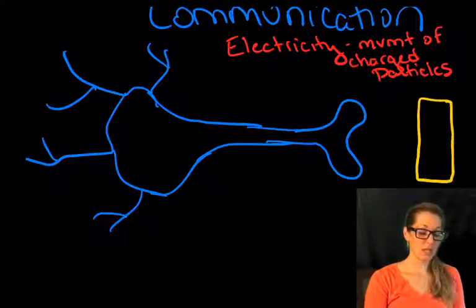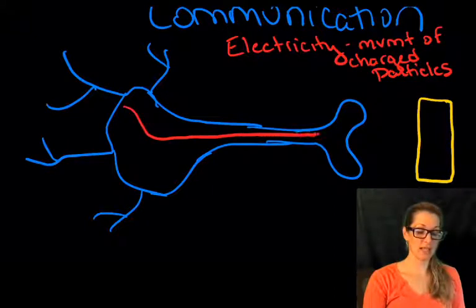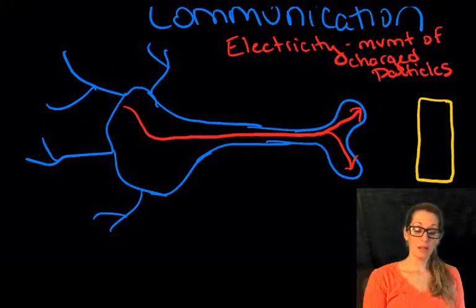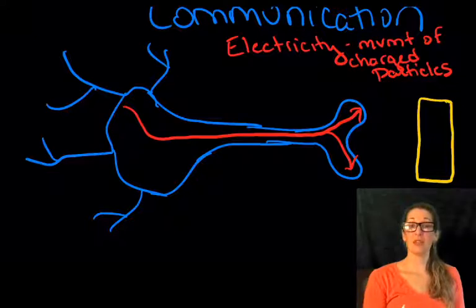As we talked about before, it comes from some signal from the dendrites down the axon to the terminus. And this electrical signal, this electrical change in the neuron, stimulates the release of neurotransmitters.